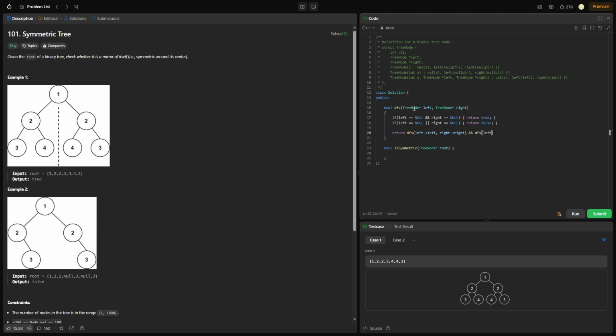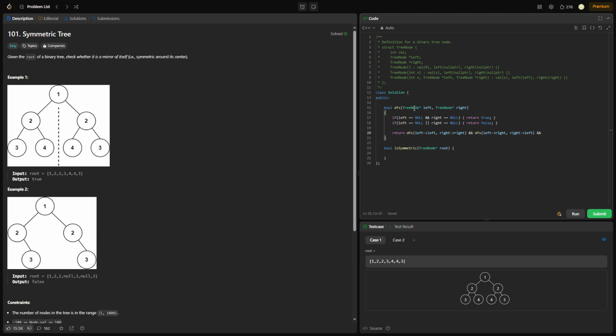Also, if we're at this left subtree, or a left node, when we go right, then on the right node, we should go left. Okay. And so basically, this is just the symmetric properties, right, that we talked about earlier, right? If you go left on one side, you need to go right on the other. Likewise, if you go right on one side, you need to go left on the other.